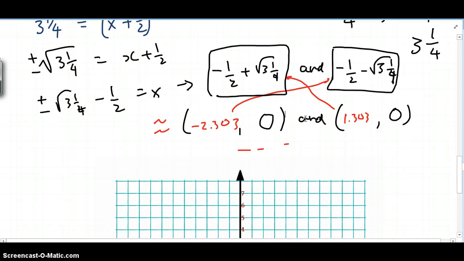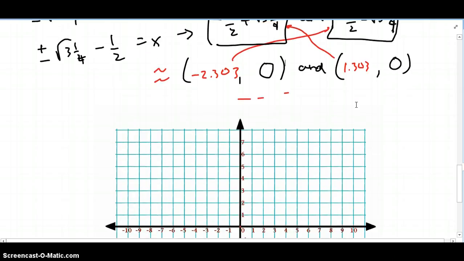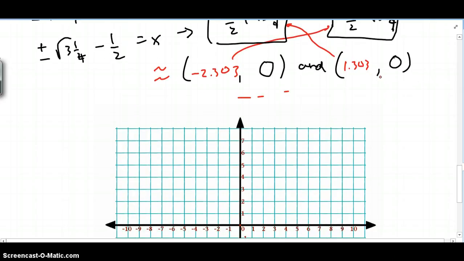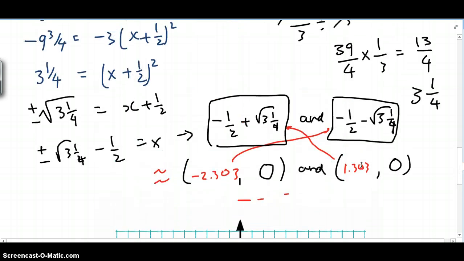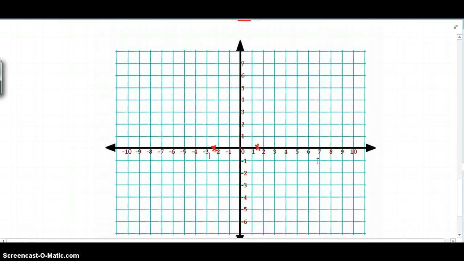So if we plot these onto the graph, let's plot these approximately where they are. The first one is 1.303, which roughly lies around here. Now minus 2.303 lies roughly around here. Now let's look at the other points that we have. The y-intercept of 0, 9 goes up here somewhere.